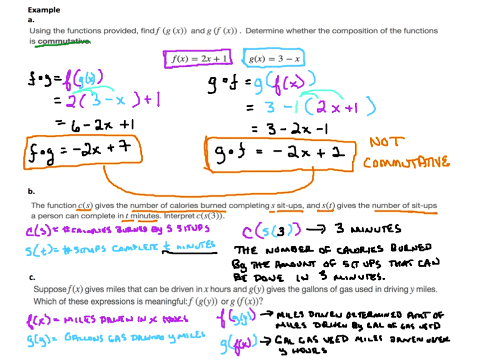Would you be able to know how much gas I used if all I told you is I drove, let's see, 300 miles in 5 hours? Would you be able to tell how much gas I used? The answer is no. So this expression is not very meaningful for us. However, the first expression is. All right, hopefully that's clear to you.